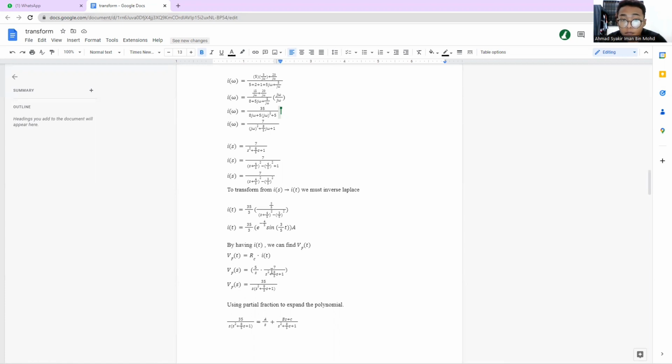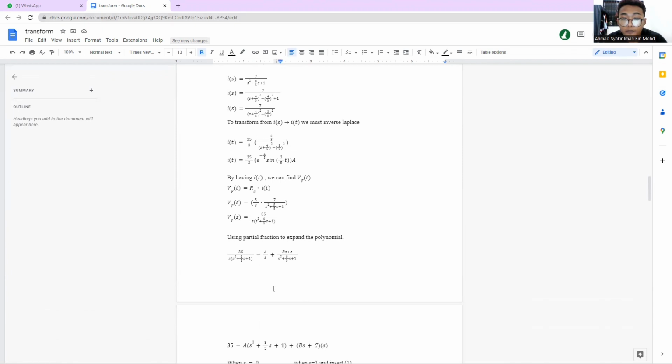So we put it in the equation 7 over s squared plus 8 over 5s plus 1. So we got VF(s) equal to 35 over s times (s squared plus 8 over 5s plus 1).